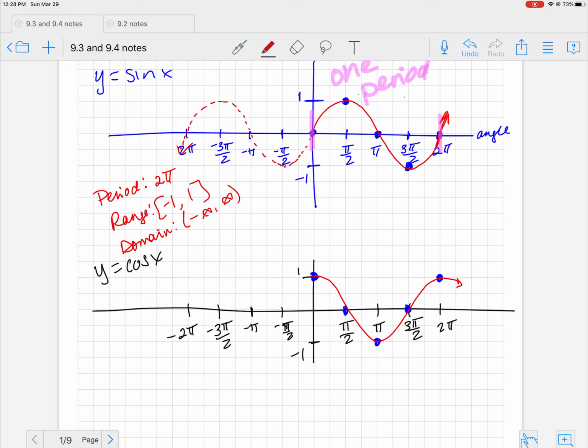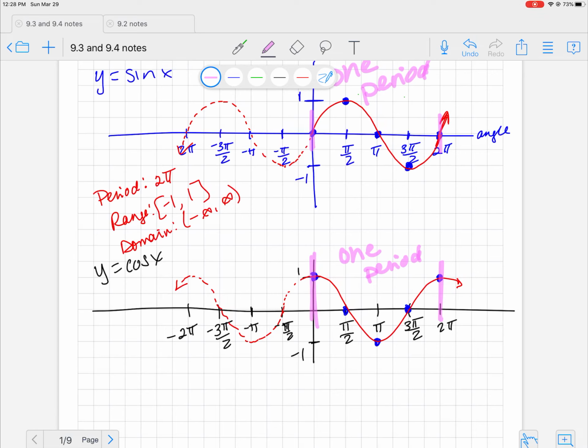Do you see that? So my cosine curve, there's one period of my cosine curve, and I'm going to take my arrow on down through there. Now the same thing applies with cosine. I can run cosine down through here. And I have another period. Do you see what's going on there?